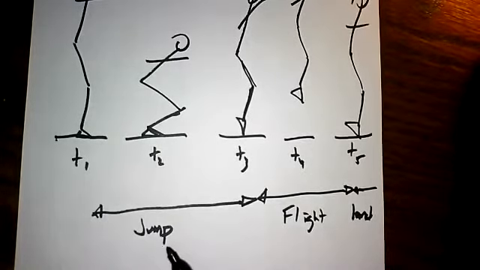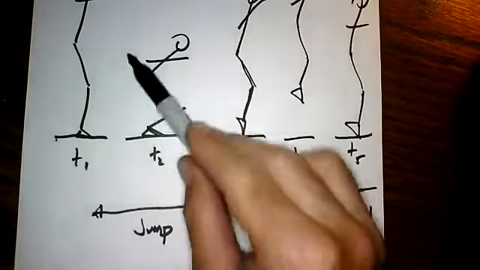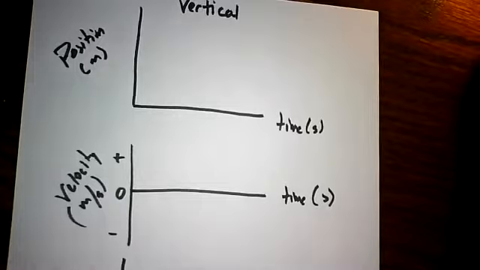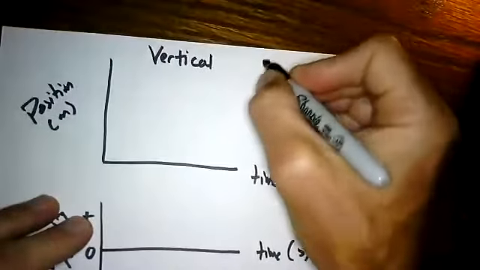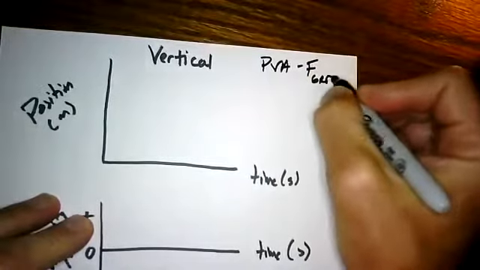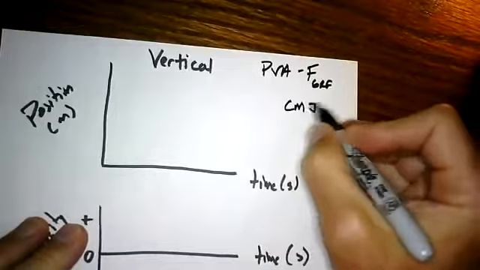But I'm really interested in trying to understand the ground reaction forces during the jump portion of the movement where we go down and then up. All right, so let's pull out our model for PVA, ground reaction force, okay, for the counter movement jump.